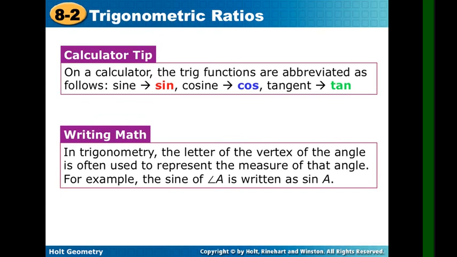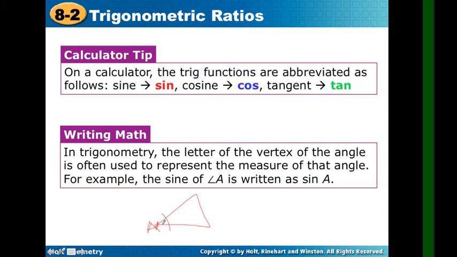Okay, writing math. In trigonometry, the letter of the vertex of the angle is often used to represent the measure of that angle. So, para halimbawa dun sa ating example, kung meron tayong triangle, yung side lagi ang ginagamit na representative ng measurement or yung vertex, I mean, ang ginagamit na name ng angle.